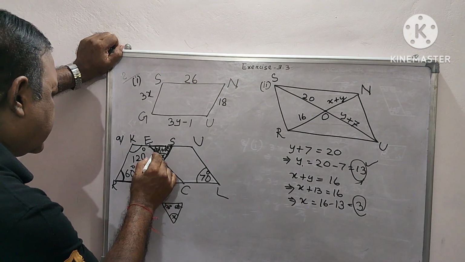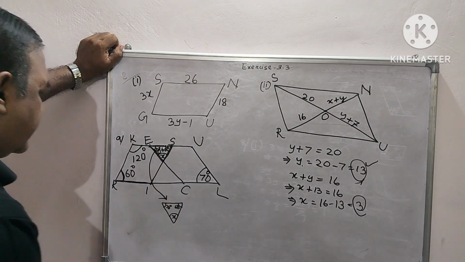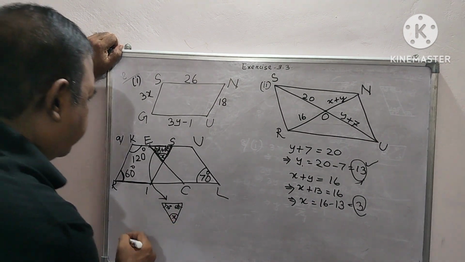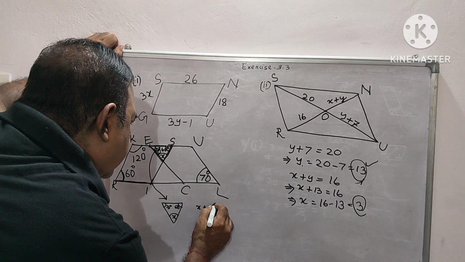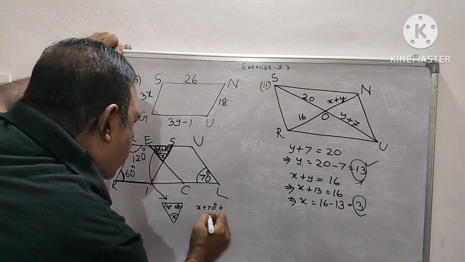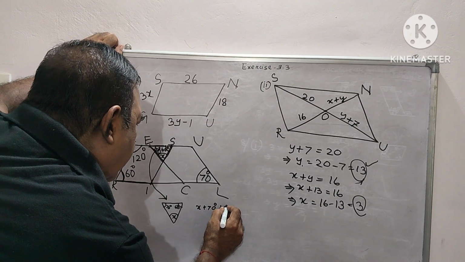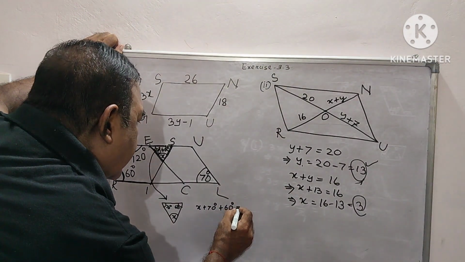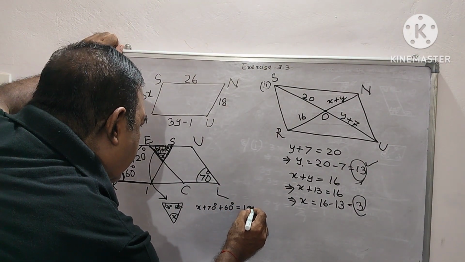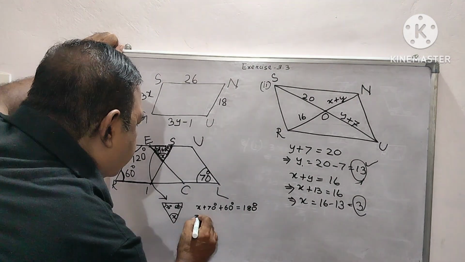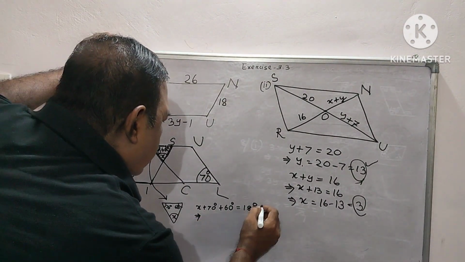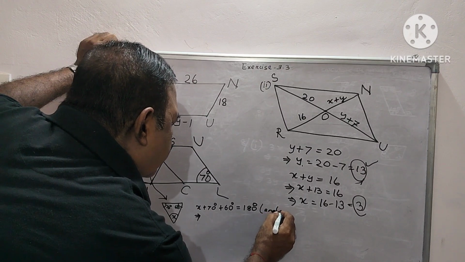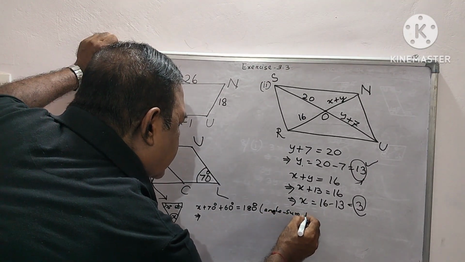So from the angle sum property, we know that the sum of the measures of the interior angles of a triangle is equal to 180 degree. This is the angle sum property. You may write here angle sum property. You should know this angle sum property.